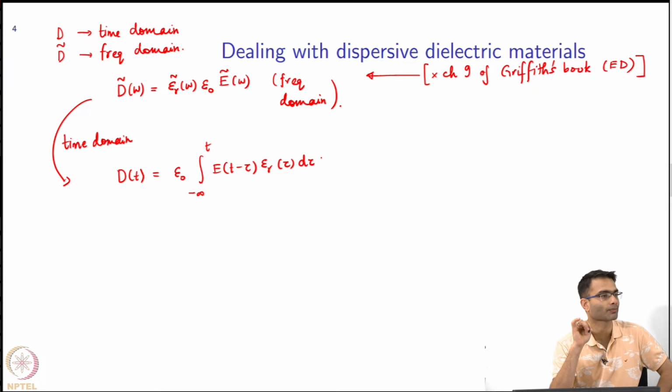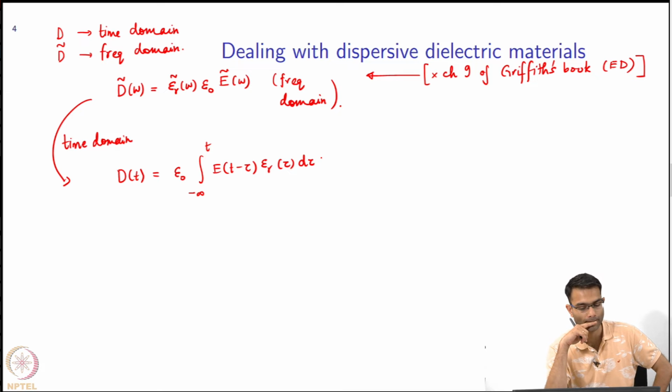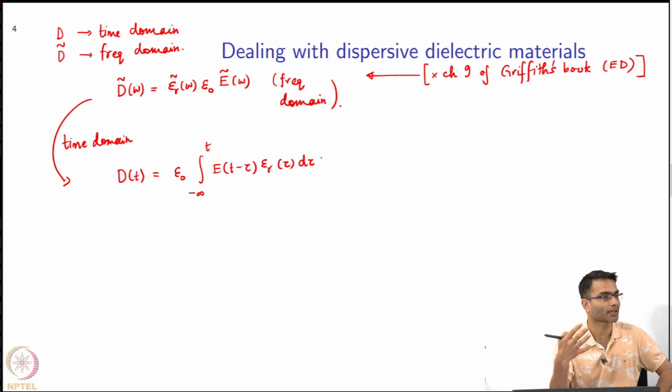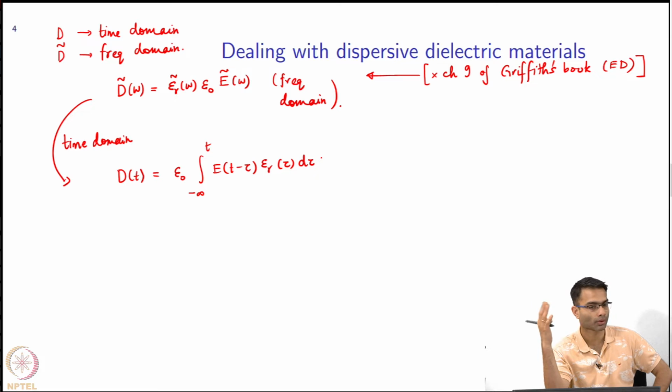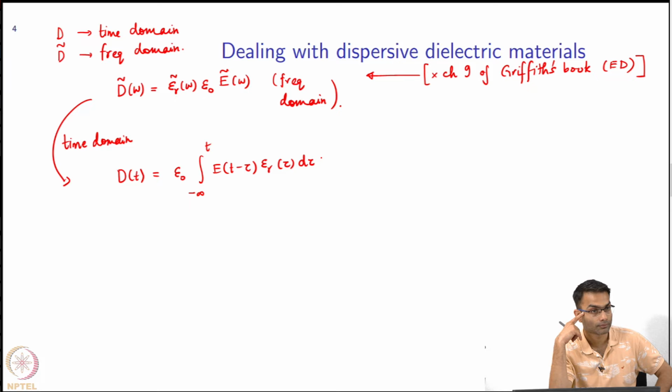What about the fact that our material is causal? This causality has to be respected, right? The D at a certain time should not depend on E at future time instants, obviously. So will any of these limits change? Right.